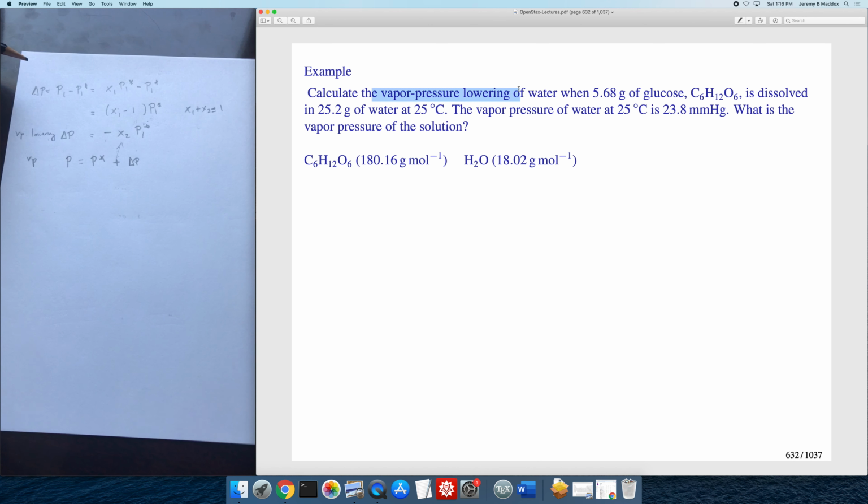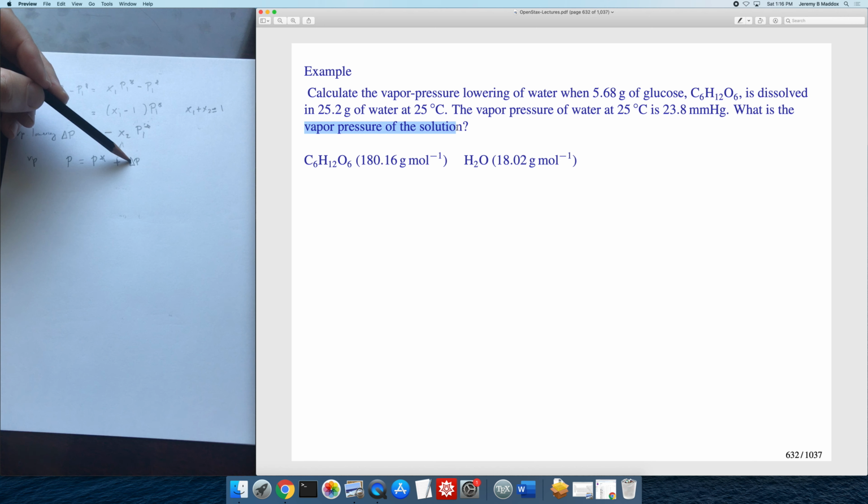First, calculate the vapor pressure lowering. That's the delta P. And then they want us to calculate the vapor pressure of the solution. That's going to be the vapor pressure of the solvent plus the change in the vapor pressure. Note that the vapor pressure of the glucose, which is a non-volatile component, is assumed to be 0.